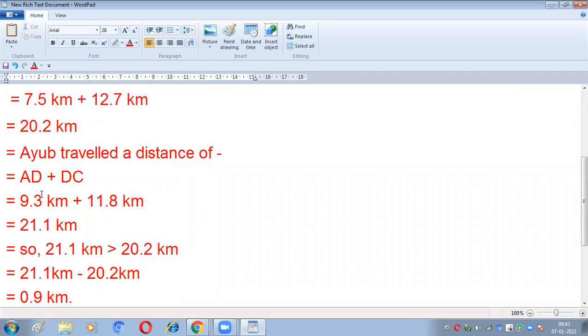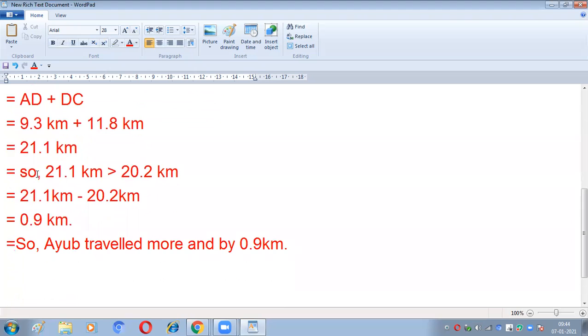Now we have to find the distance traveled by Ayub. Ayub traveled a distance of AD plus DC. The measurement of AD is 9.3 kilometer and the distance of DC is 11.8 kilometer. So the sum is 21.1 kilometer.